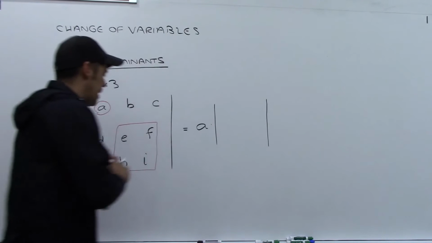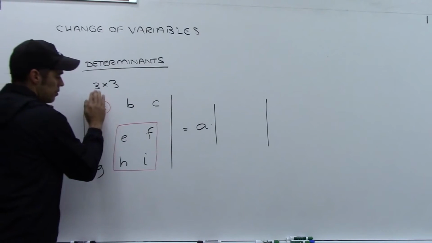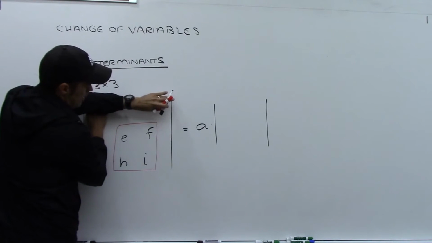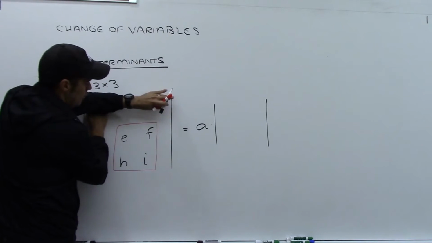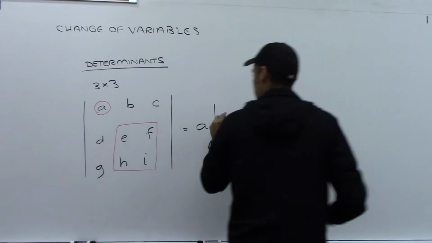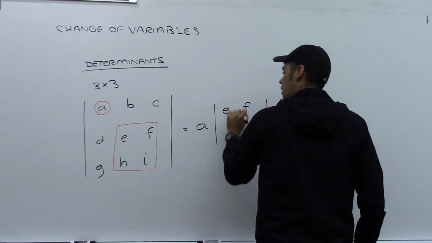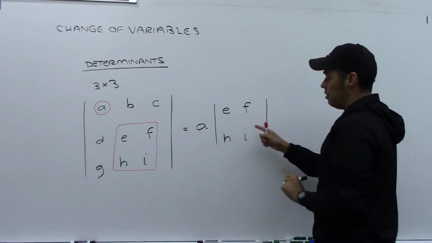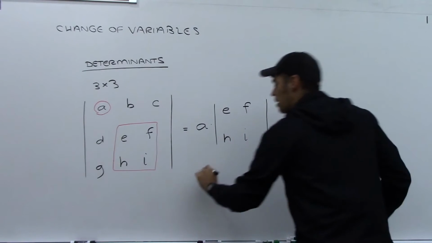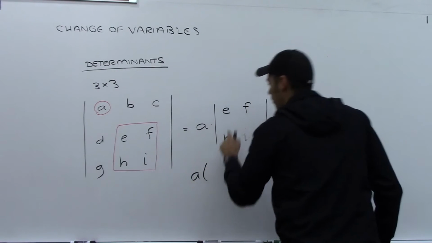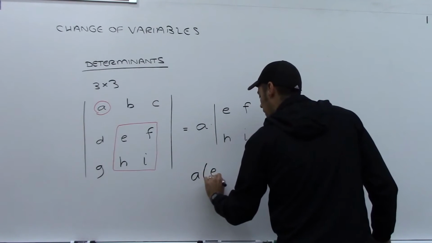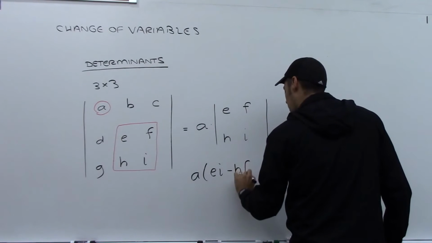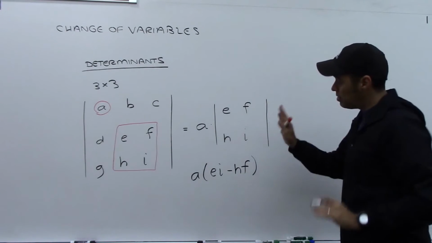So we start with A, cover up this column, cover up this row, and we get E F, H I, that's the determinant we need here. And that is a determinant that we just did a second ago, 2 by 2. So this becomes A times E times I minus H times F. And that's it. That's the first step.